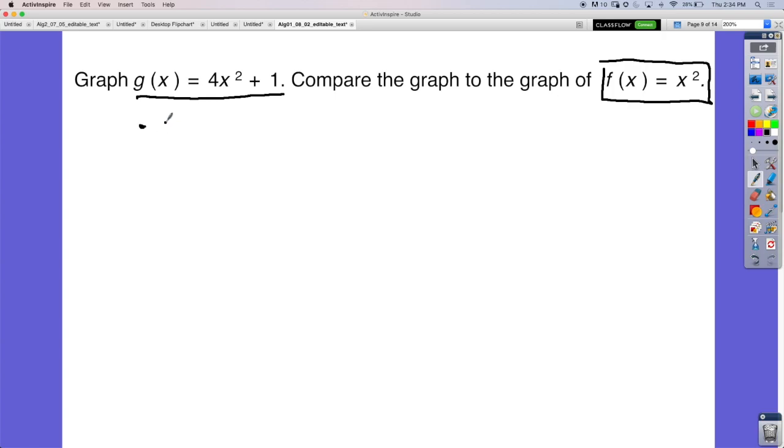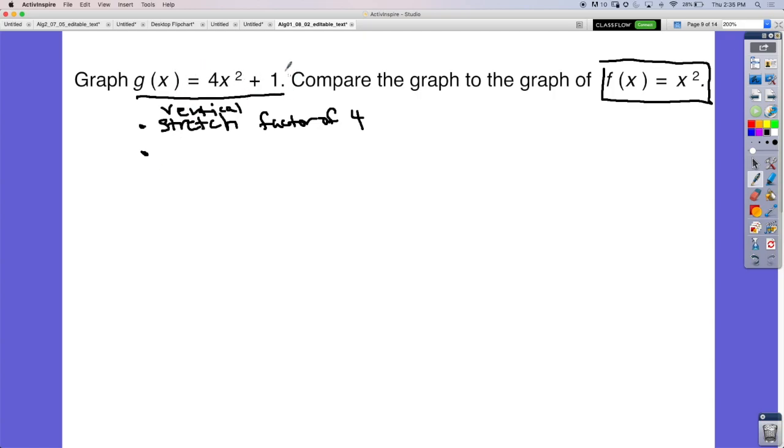Stretch. It is a stretch by what factor? It's actually a vertical stretch by a factor of 4. Is there a negative? No, so it's not a reflection.